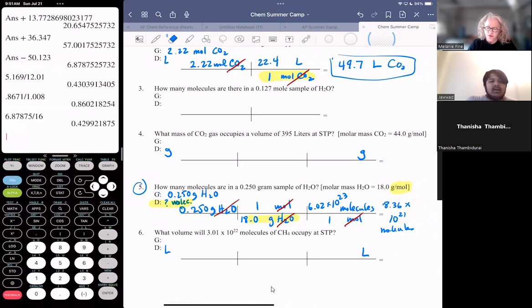So now set up the problem. Yeah, go ahead. I just don't know where to put CO2 on the problem for number 4. What do you mean? You don't know where to put CO2. It's gram CO2. Is that what you mean?